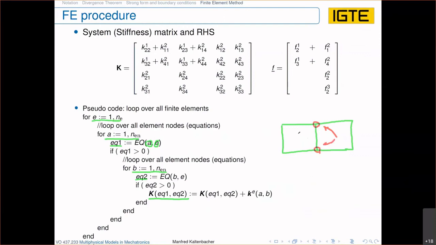And when we have the element matrix of the first element, we will also get here and add something to the equation according to this node, and also add here something, because they share this common edge between these two elements. Okay, and that is actually the so-called assembly procedure you have to implement.